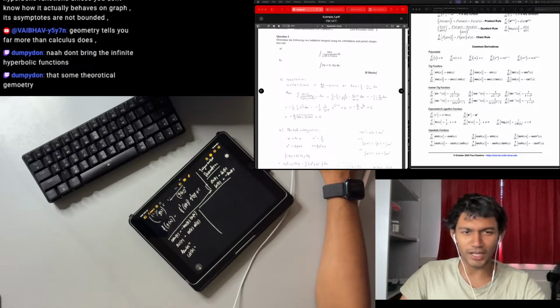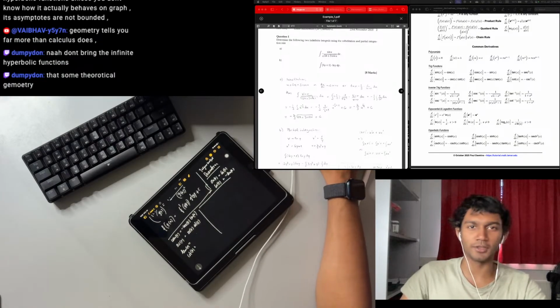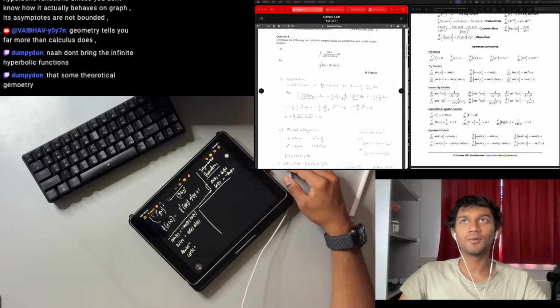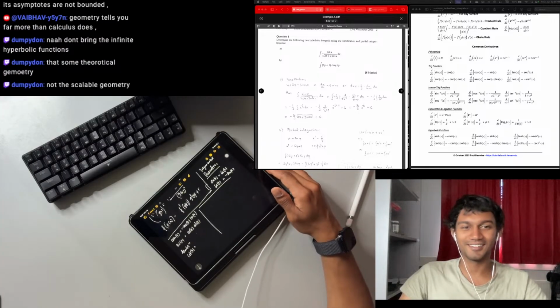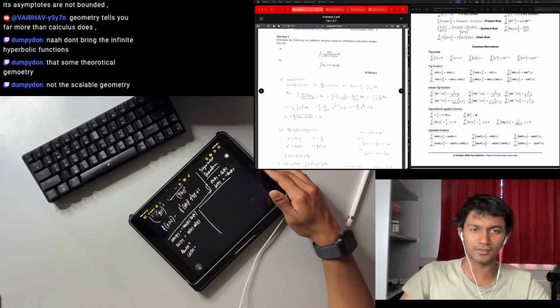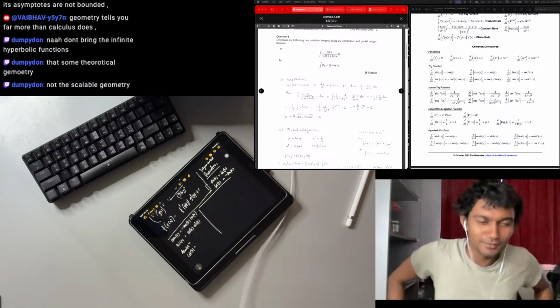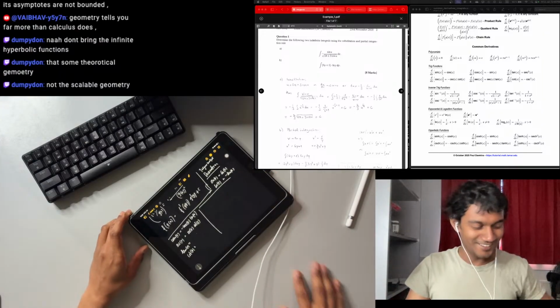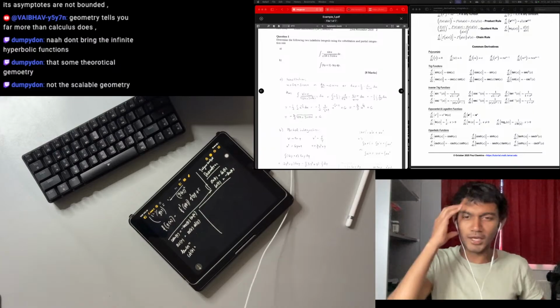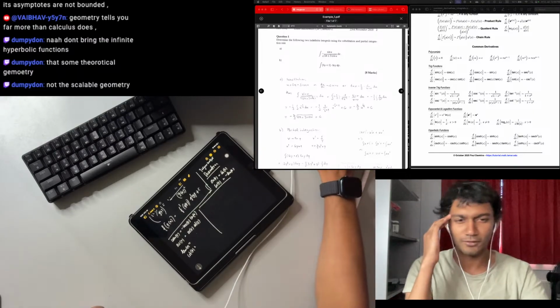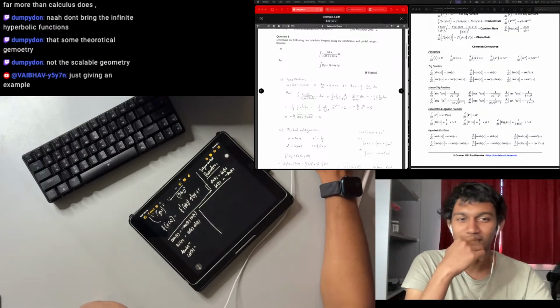Geometry tells you more than calculus does. Nah, don't bring infinite hyperbolic functions. Don't bring that, okay? We're not talking about that. Not the scalable geometry, okay? That's a different topic. You wouldn't understand. Stick to number line, okay? You can't even comprehend what is happening for probability. Just giving an example, okay?